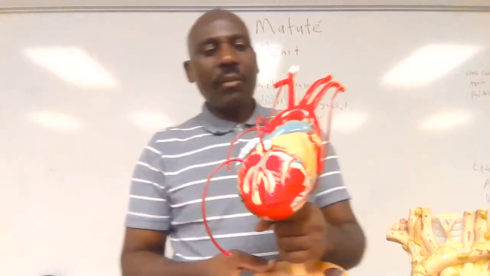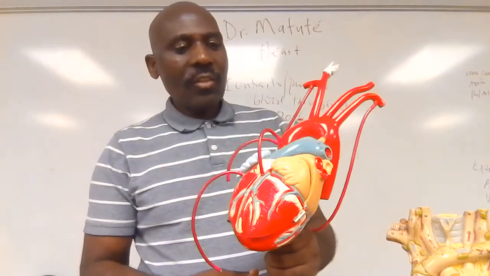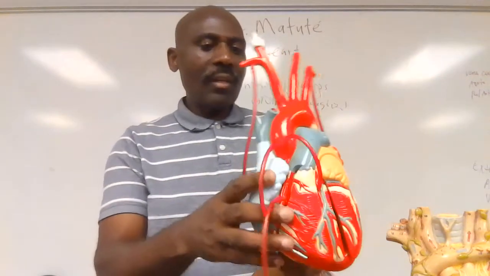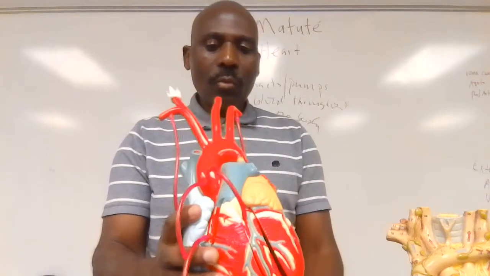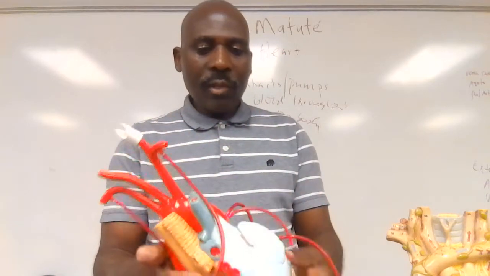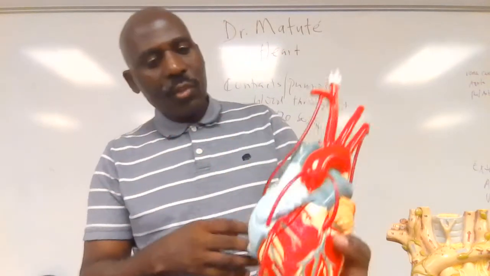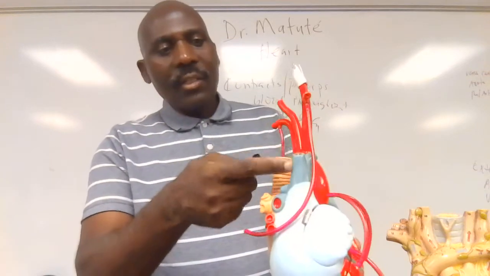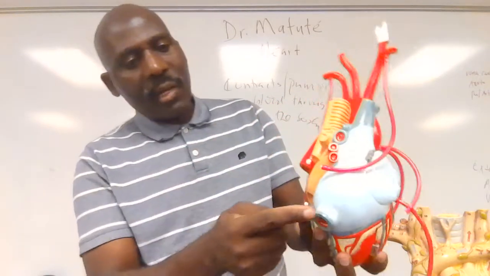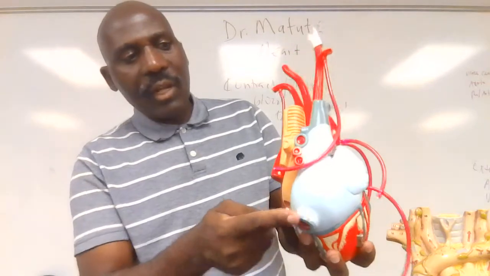So how many great vessels are there? So let's see if we can actually identify the main great vessels. We'll use this model right here. So we'll start with the superior vena cava. This is the superior vena cava, and over here this is the inferior vena cava.